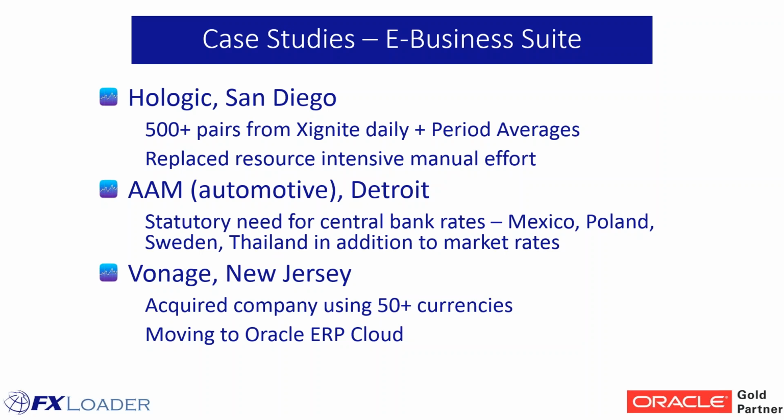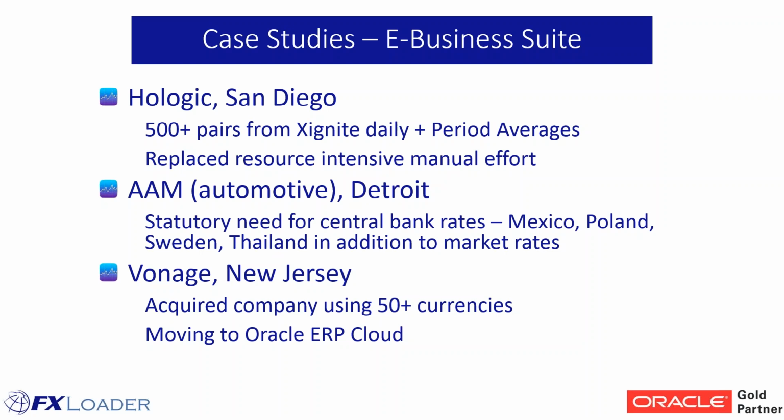AAM have a statutory need for a bunch of central bank rates. So as I was referring to before, in certain jurisdictions, the market rates are not good enough. So AAM do use market rates and they load them every day. But on top of that, they load central bank rates for Mexico, Poland, Sweden, and Thailand.